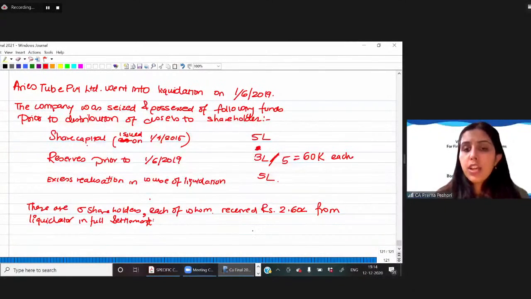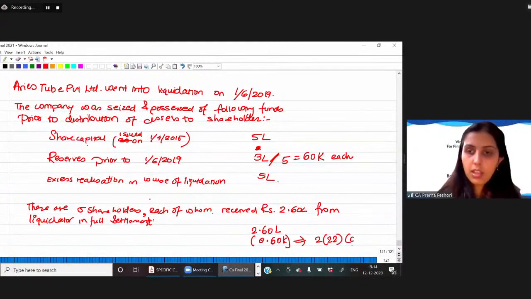So for single shareholder, out of 2.60 lakh, 60K will be taxed under 2(22)(c). Correct? 2 lakh will be your full value of consideration. Clear?